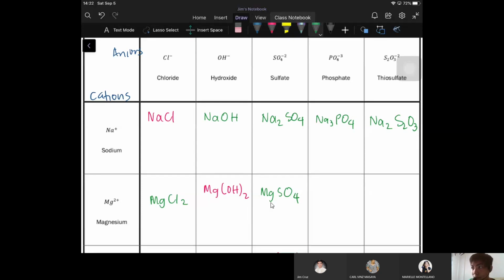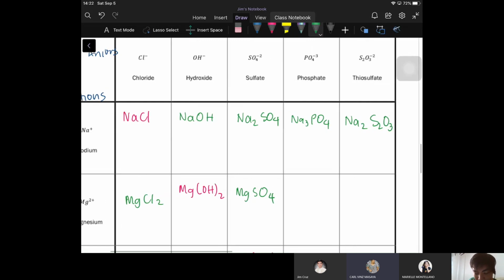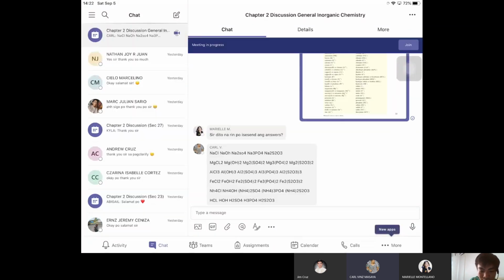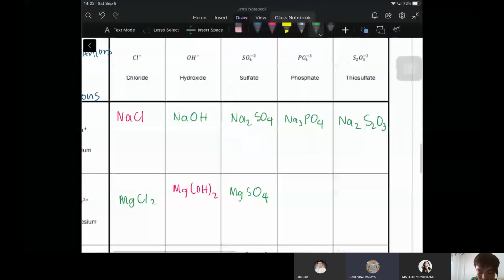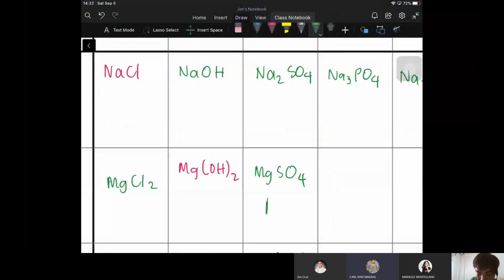Madalas, sir, magka-cancel out talaga pag same sila ng subscript. Pati rin po ba yung sign? Pati kung positive or negative po yung cation at anion? Basta, di ba pag nag-criss-cross ka, pag naging same yung subscripts nilang dalawa, you can just erase it, no?